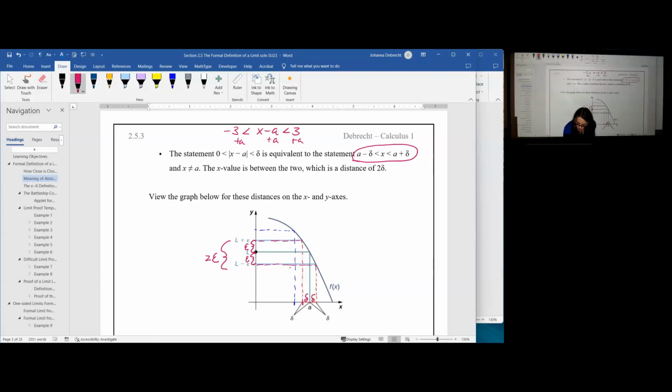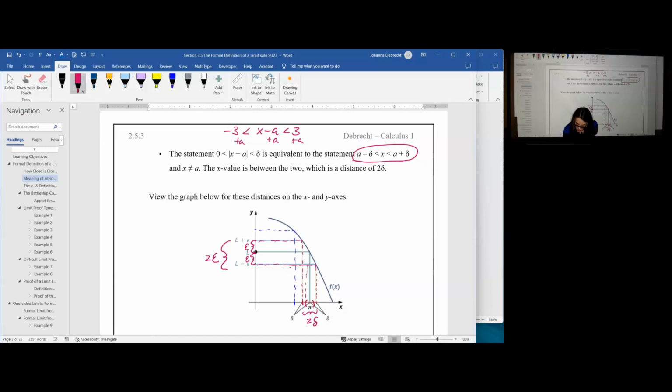If this delta range works, so that this is delta here on the left, and this is delta here on the right, and the distance there is 2 delta, then anything I choose that's smaller than that would also work. I don't have to choose that delta. I could take half of that delta. If I take half of the delta, and I'm running out of space, so let me clear some of this out. Let's say I go from here to here.